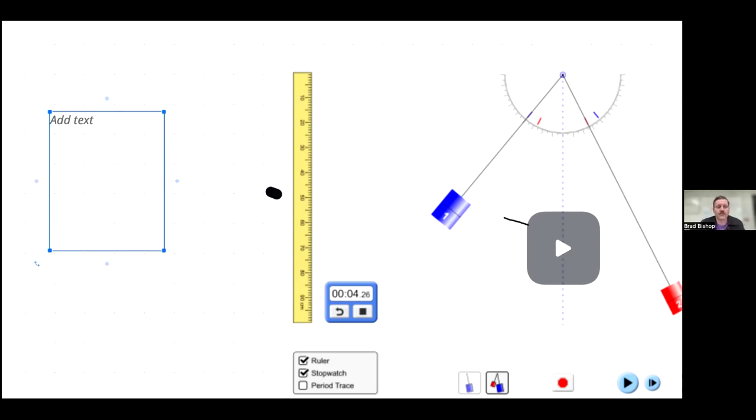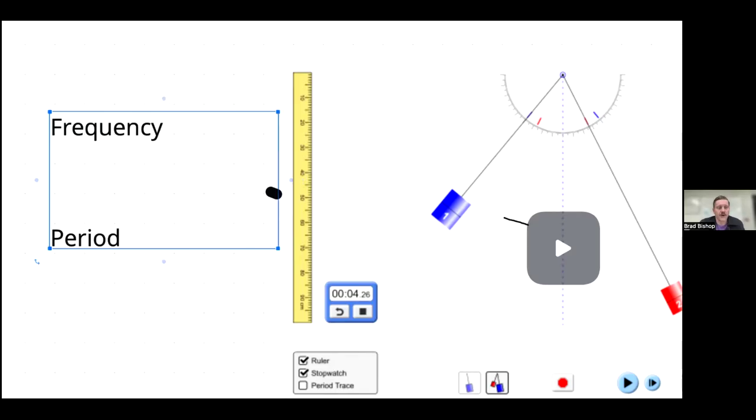So these are two terms that we will use to describe sorts of harmonic motion, right? So what is frequency? Frequency is the rate of how many cycles there are in each second. So this is cycles per second.